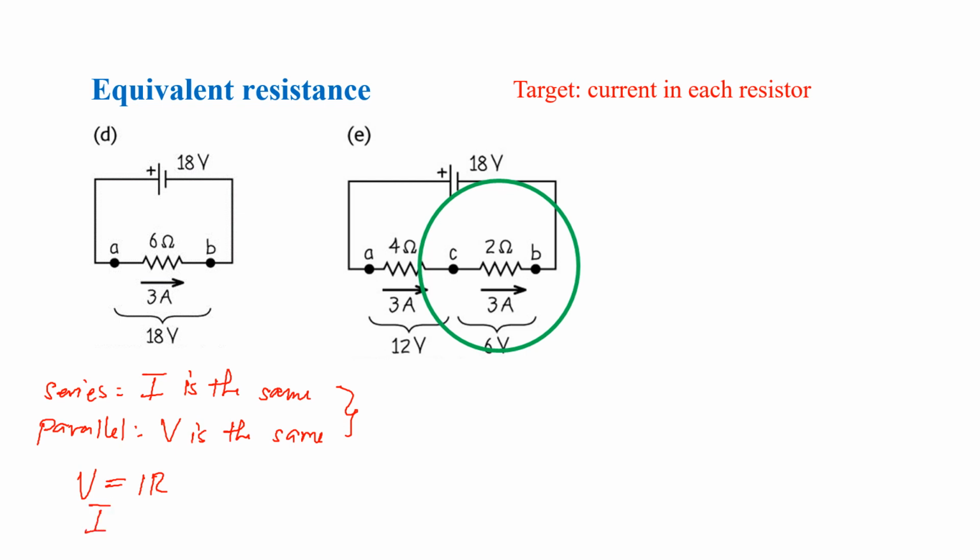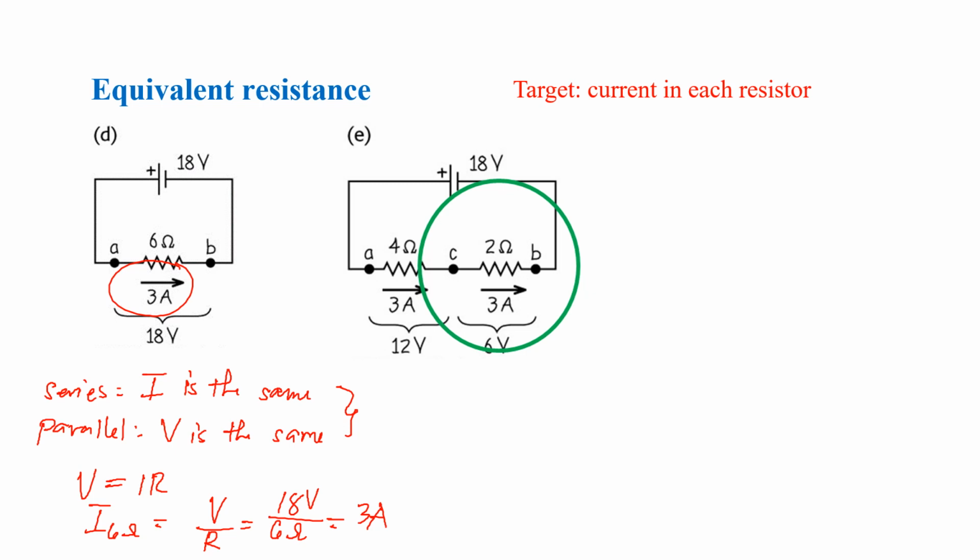Your current for the 6 ohms is equal to your voltage over your resistance, 18 volts divided by 6 ohms, which is equal to 3 amperes. So for this equivalent resistor, the current flowing in your circuit is 3 amperes.